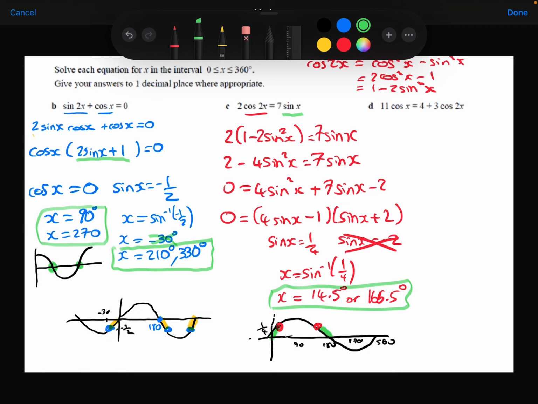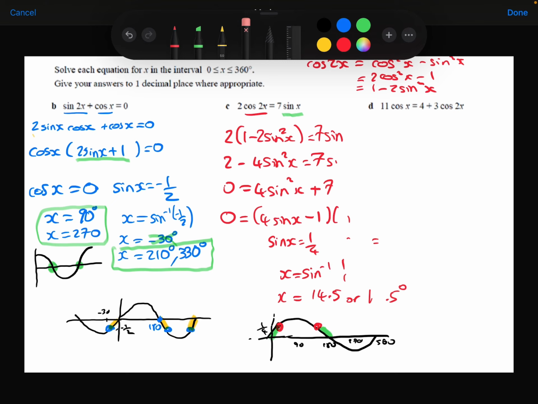And then finally for part D. Let's have a look at part D and create just a bit of space. Again, we've got a cos double angle here. So it's going to be one of these three identities that I'm going to use here.